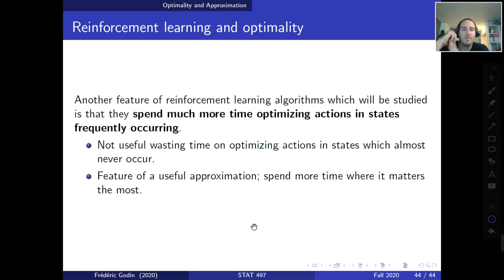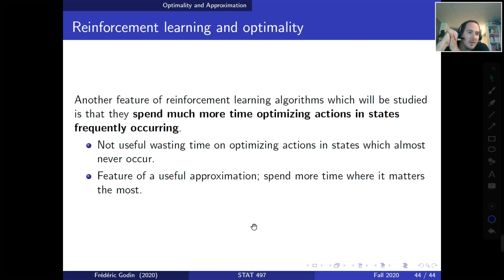This is a feature of reinforcement learning, and it also has implications for the approximation theory we just discussed. It's useful to spend more calculation time where it matters, which means in the states which are often encountered. For example, let's say you want to design a program learning to play chess.